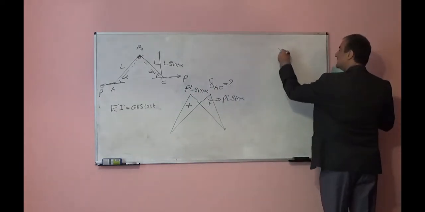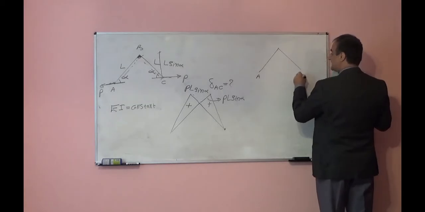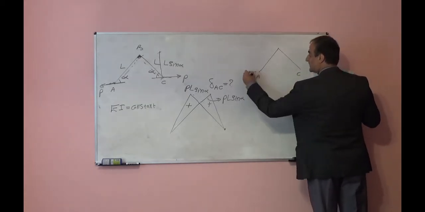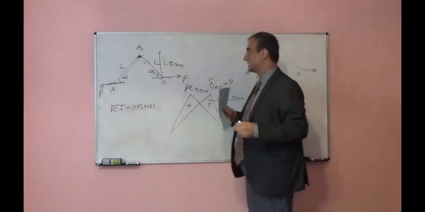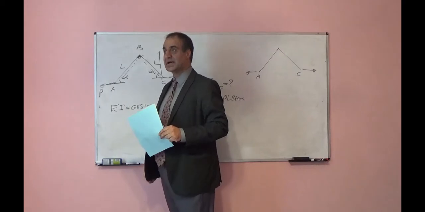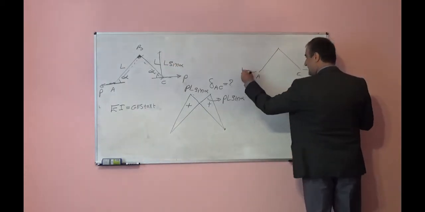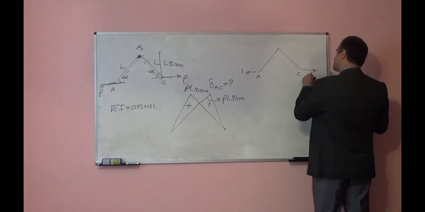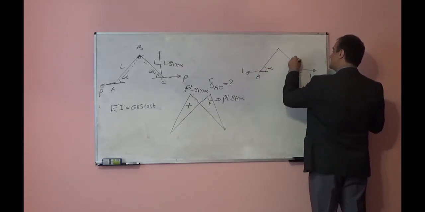Next, because we want to measure the distance between A and C and to see how much it will increase, it will deform from both sides. It will deform from A side, it will deform from C side. So we should apply unit load at point A, unit load at point C. Again, everything will be the same.